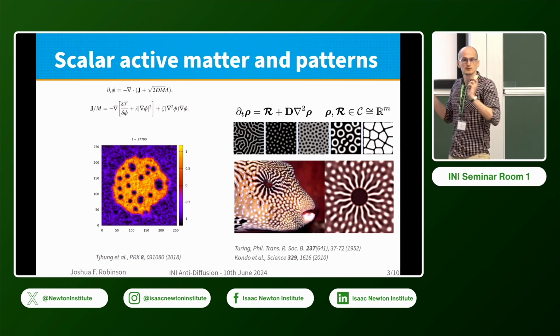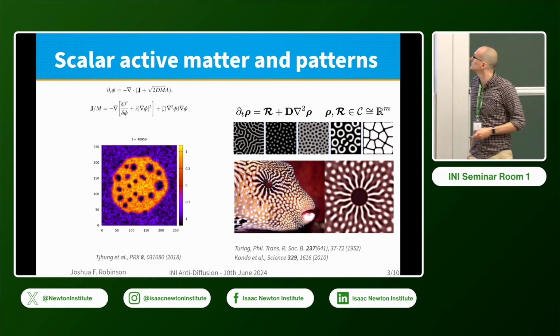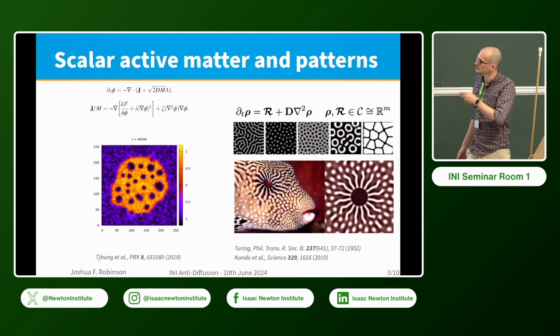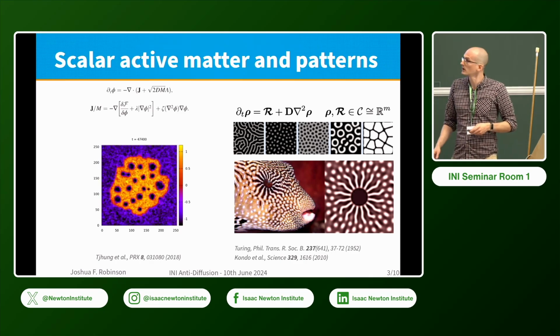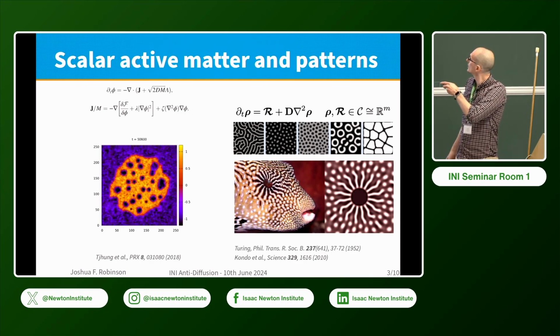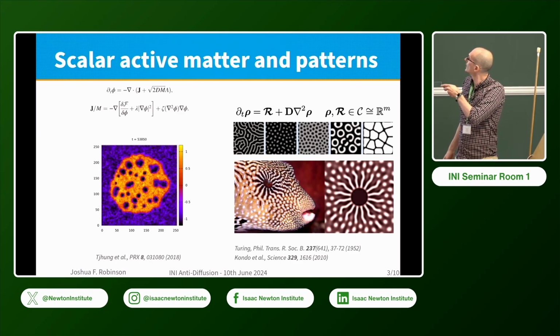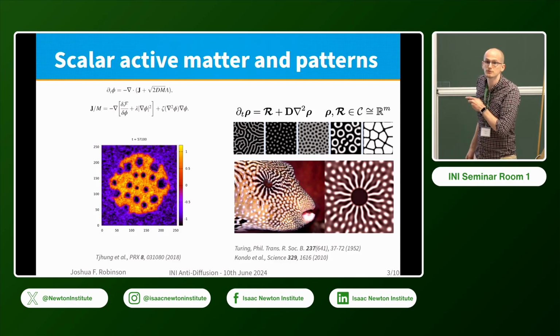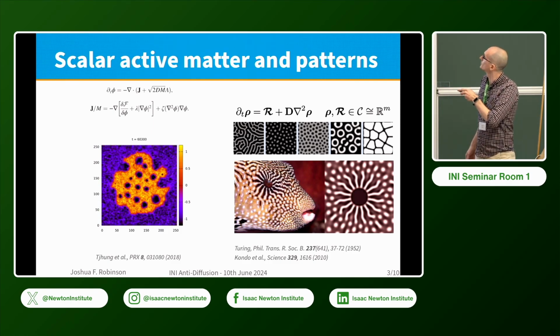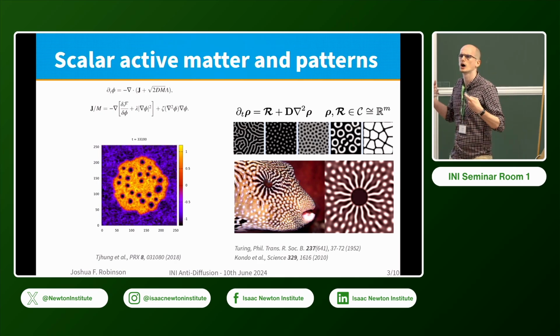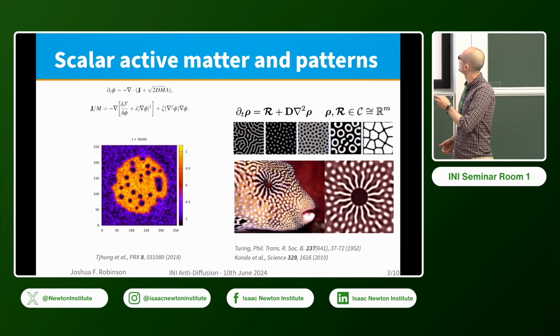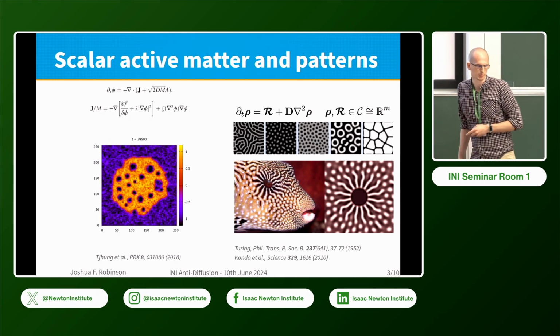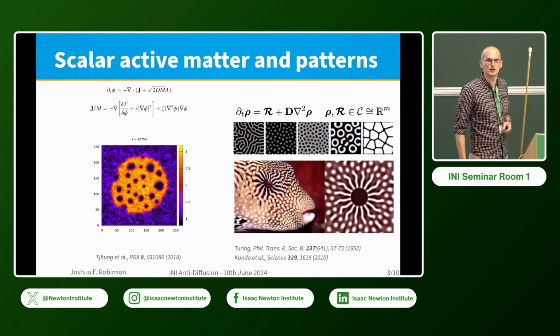To date, focusing on scalar active matter for simplicity, the most general field theory that's been proposed is Active Model B+. You have a conserved order parameter phi, and a current with three terms: a free energy minimizing term of Cahn-Hilliard form, augmented by two non-integrable terms, with coefficients lambda and zeta.